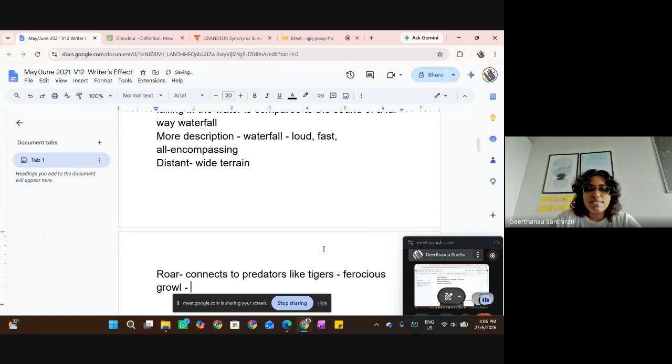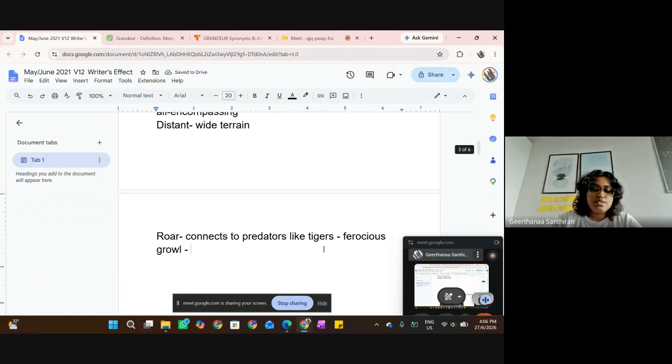What does that say about the ice? That the ice is dangerous, right? Link back to ice falling, like ice detonating, destructing, right? The destruction of ice, the destruction of ice is wild, unpredictable, scary.